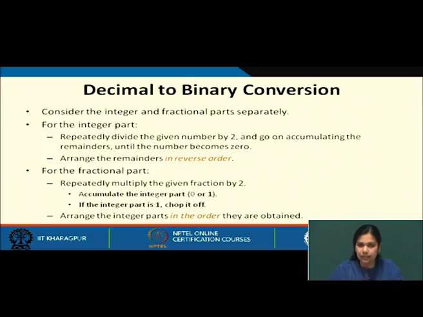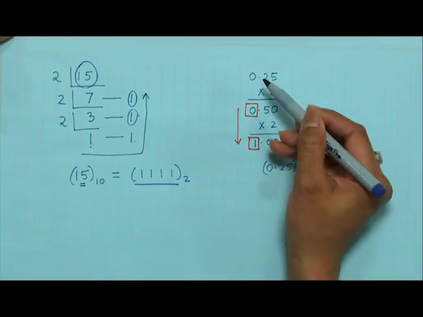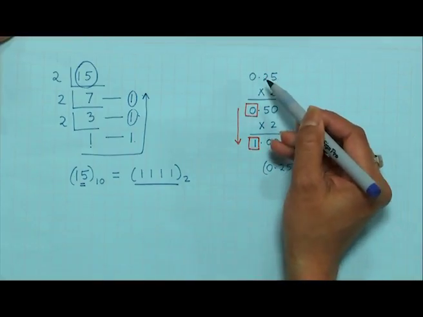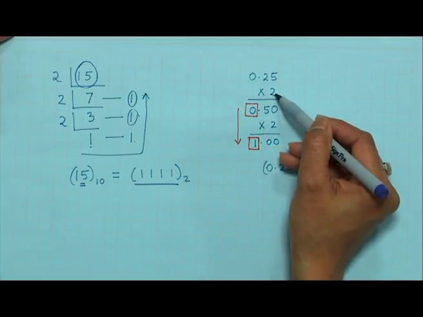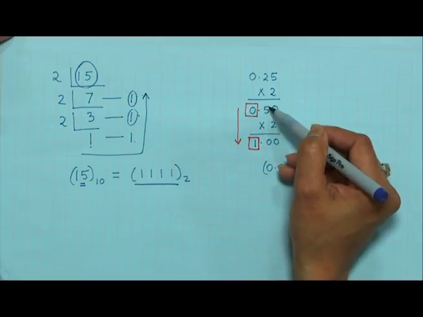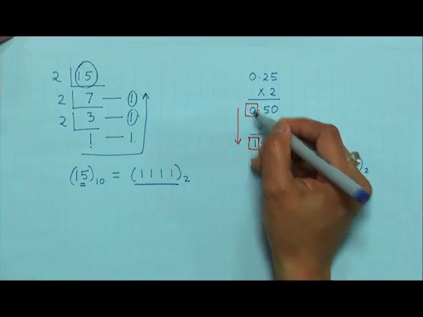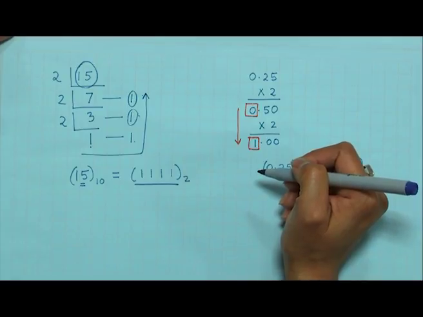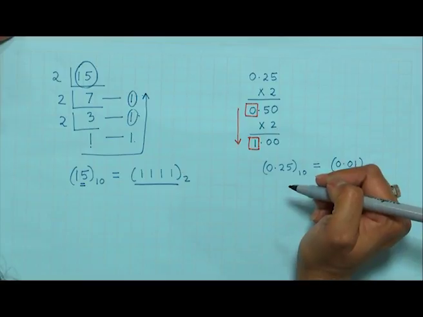So, now let us see this with an example again. Let us say we have taken 0.25. We multiply it by 2 and we get 0.50. Here 0 is accumulated, this is the integer part which is 0.